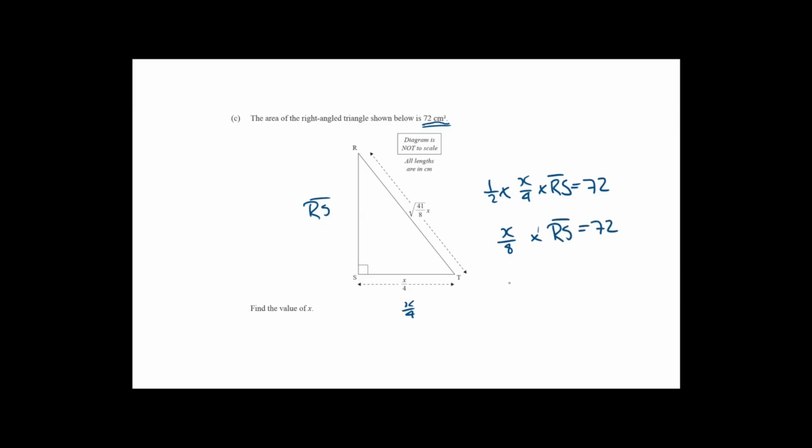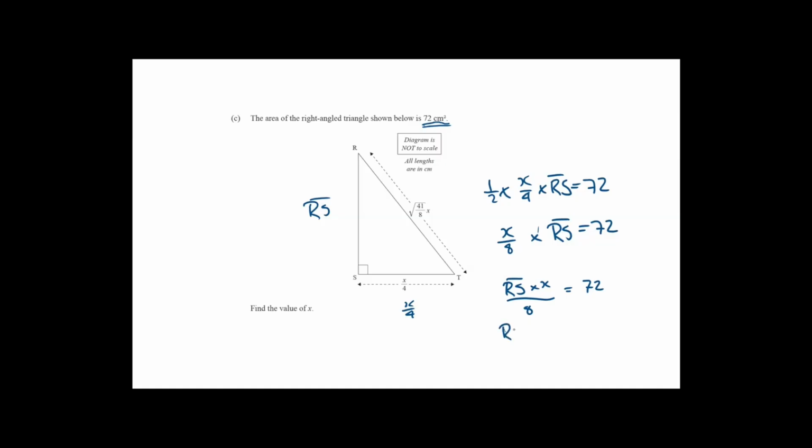So that means that if we join up these brackets, RS times x over 8 equals 72. And what I'm going to do is multiply out the 8 here, I think. Yeah, that makes sense. 8 times 72.